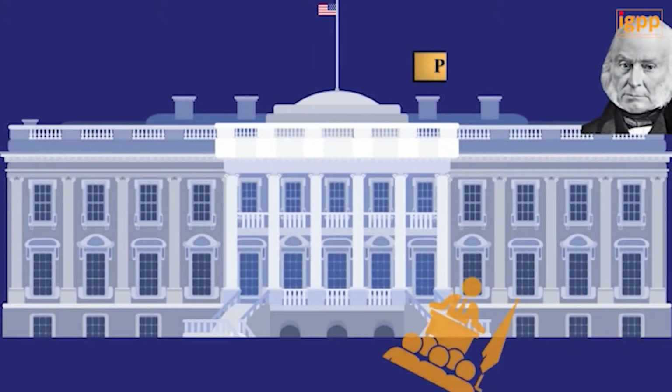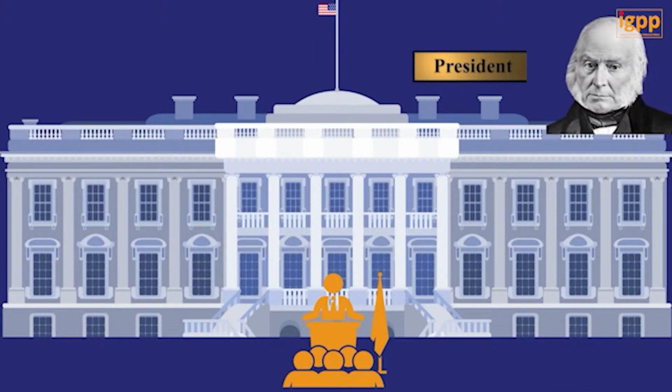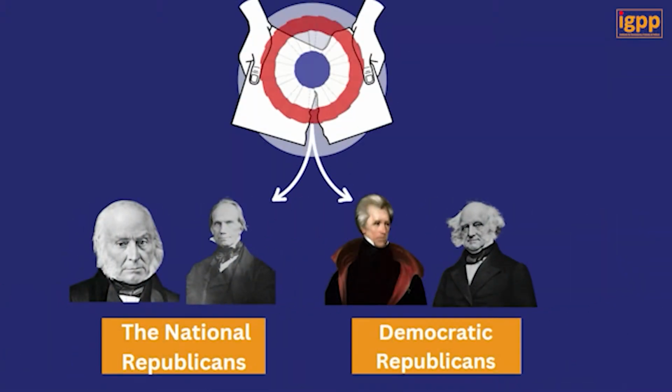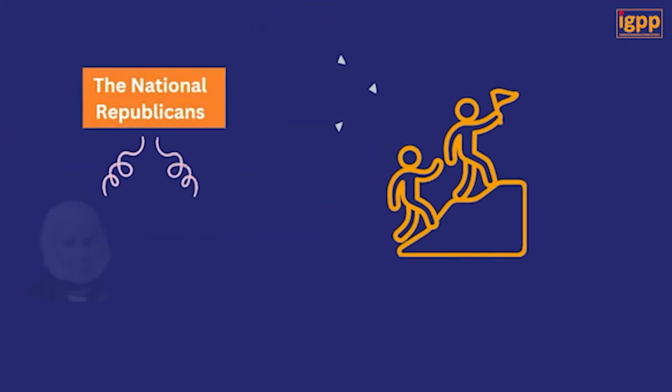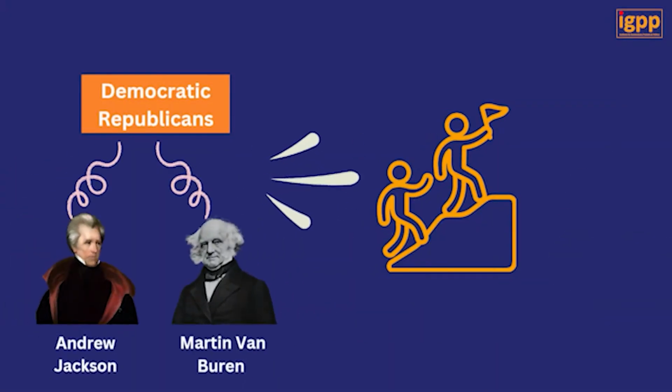Following the election, the Democratic Republicans split into two major groups: the National Republicans, who became the nucleus of the Whig Party in the 1830s and were led by John Quincy Adams and Henry Clay, while the Democratic Republicans were organized by Martin Van Buren and were led by Andrew Jackson.